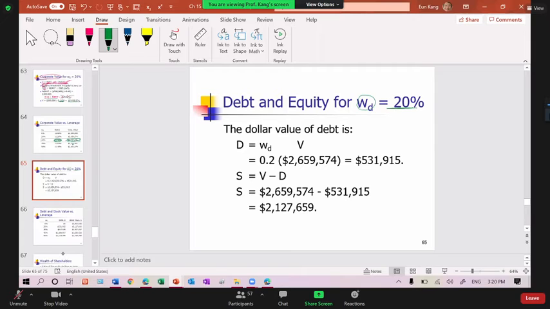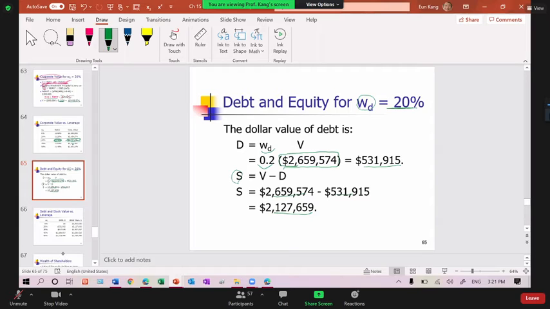Anyway, now we know that this is the total value of the company, right? That is 20% debt. Then that is 531,915. Then what? Equity is what? Value minus debt. Total value minus this is this. Or you can just do it by value times 0.8.